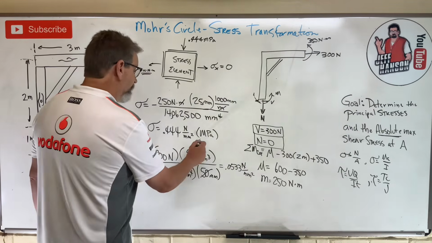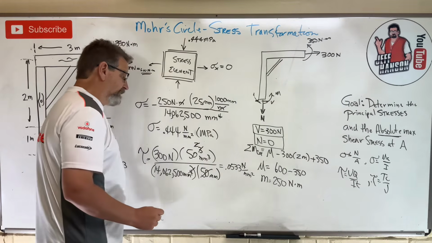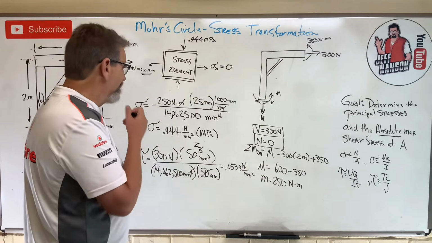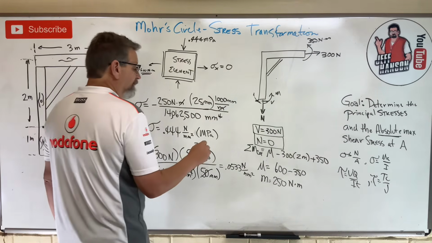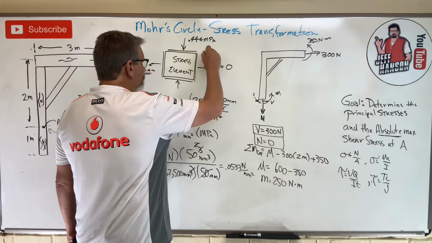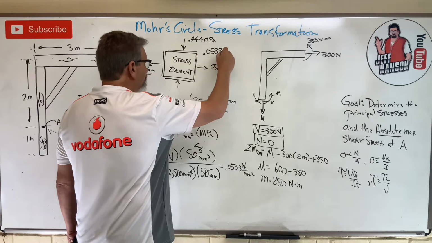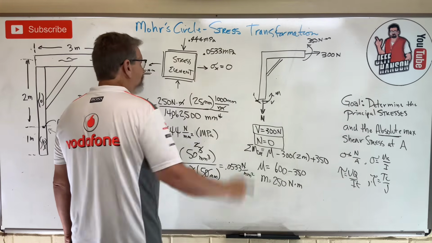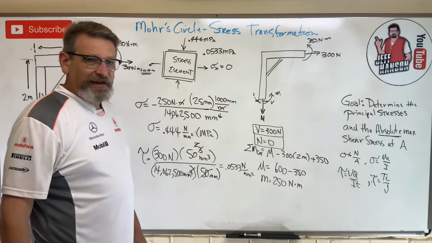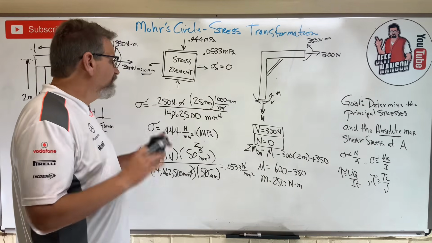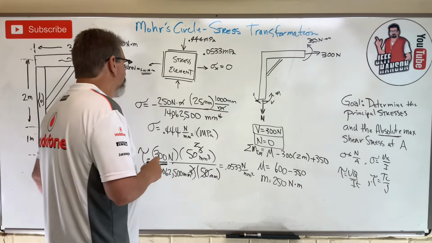Okay, because the millimeter squared and the millimeters to the fourth gives me millimeters squared on the bottom, doesn't it? So tau is 0.0533 megapascals. Okay, yikes.